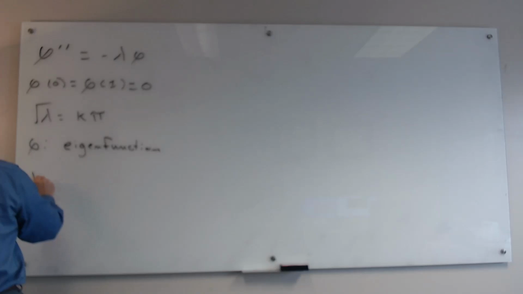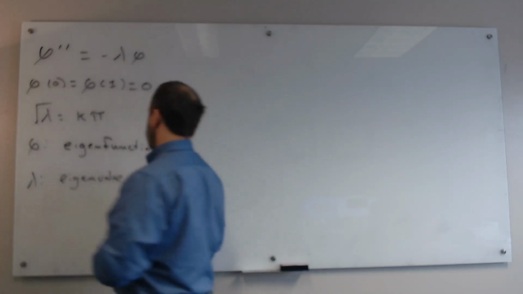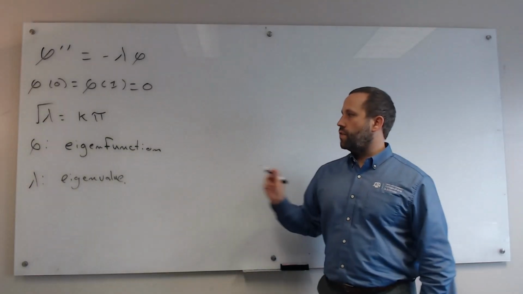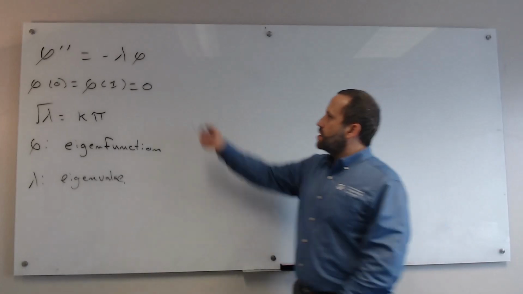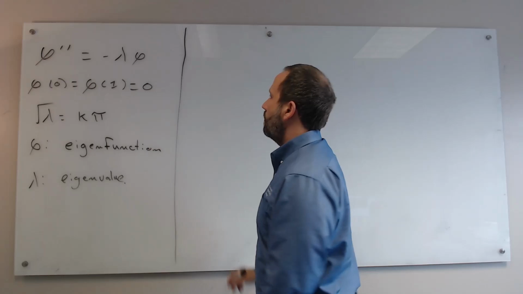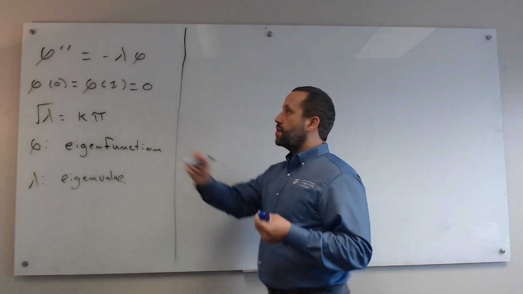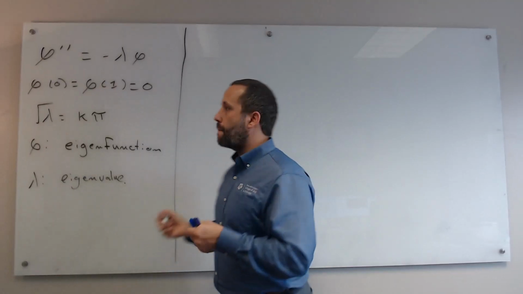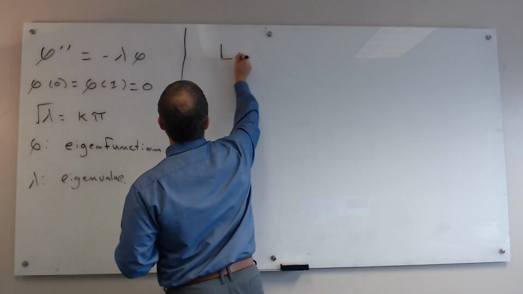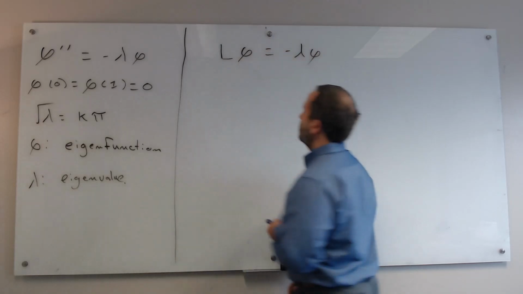And the scalar lambda is called an eigenvalue. So phi is an eigenfunction, and lambda is an eigenvalue. It's simply because if we think about the double derivative as an operator, let's call it L, we can write this as L phi equals minus lambda phi.